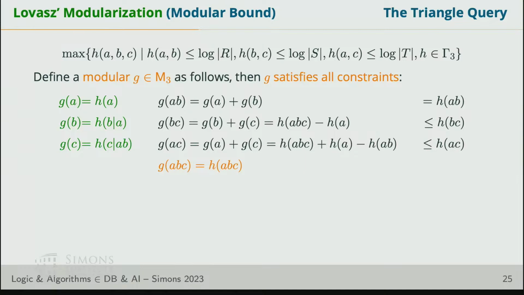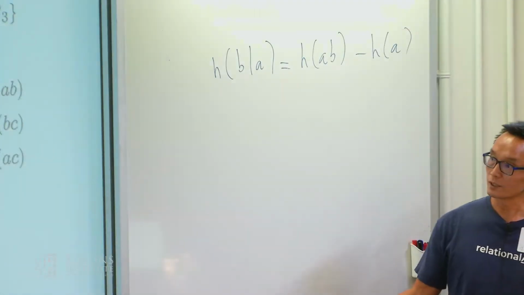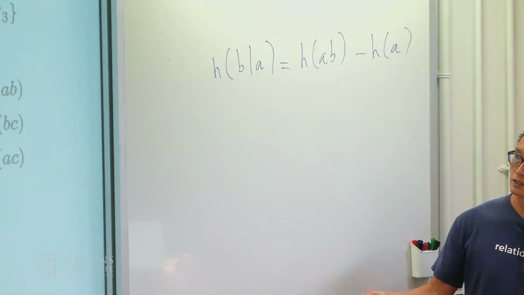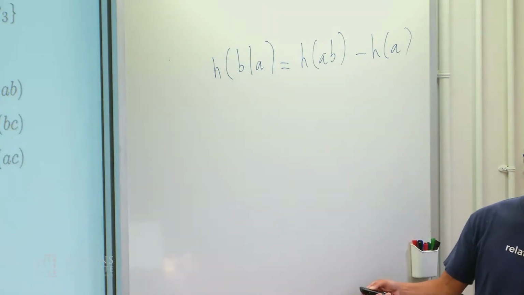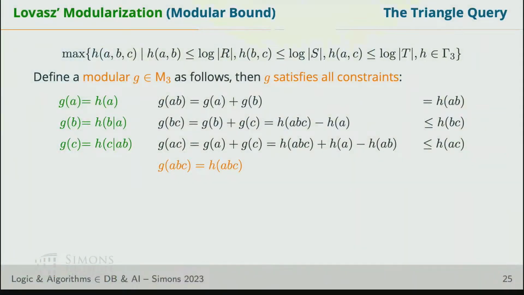That's exactly how conditional entropy is defined. And similarly, g of c is h of abc minus h of ab. It's the conditional entropy of C given AB. So we have now three numbers, g of a, g of b, and g of c.